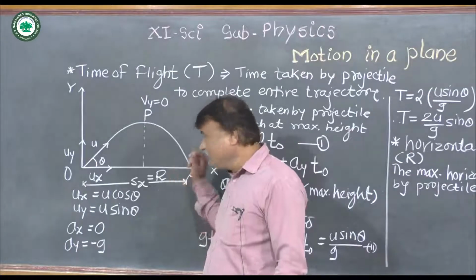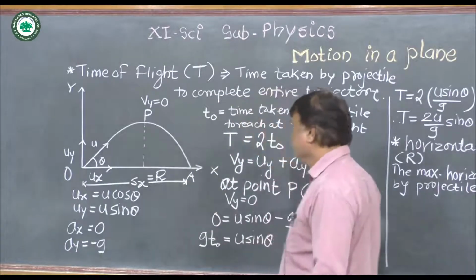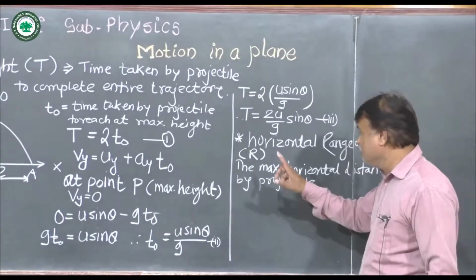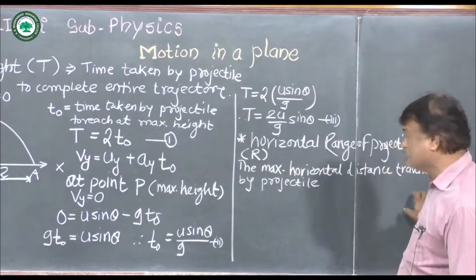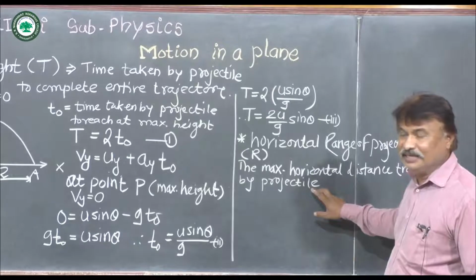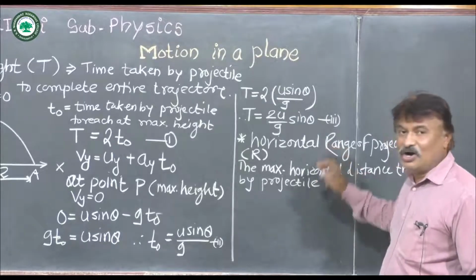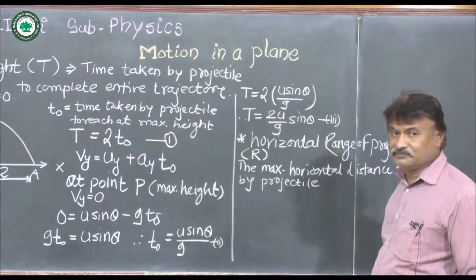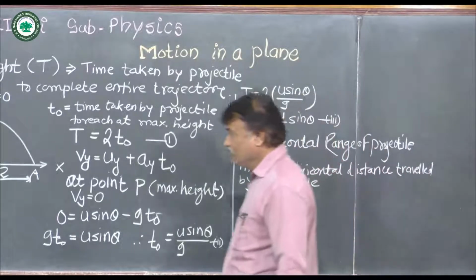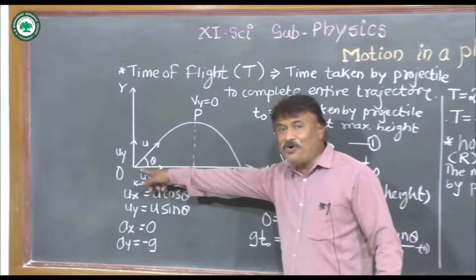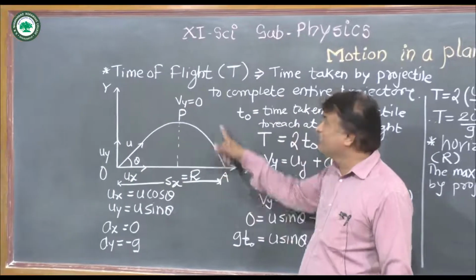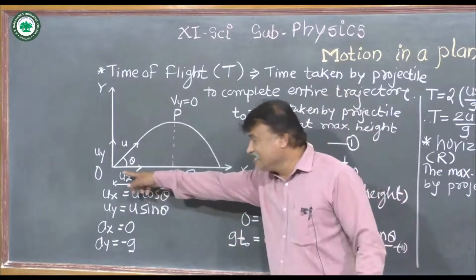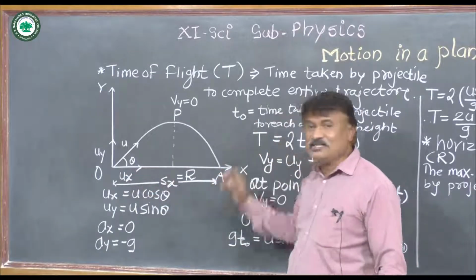Now from this we can define horizontal range of projectile. This is the maximum horizontal distance traveled by the projectile, and it is called horizontal range. Now the time required for the entire trajectory is given by time of flight, and the distance is horizontal, which is along the x-axis.